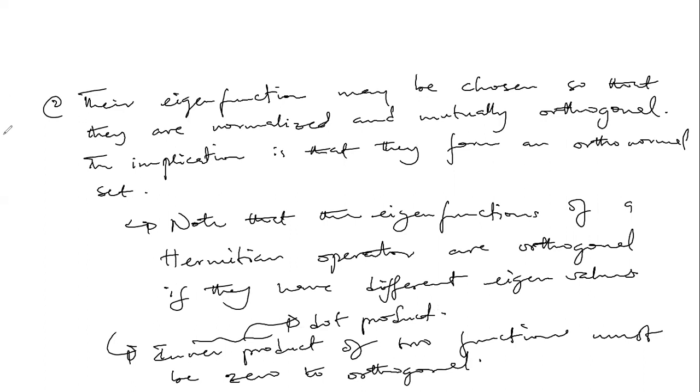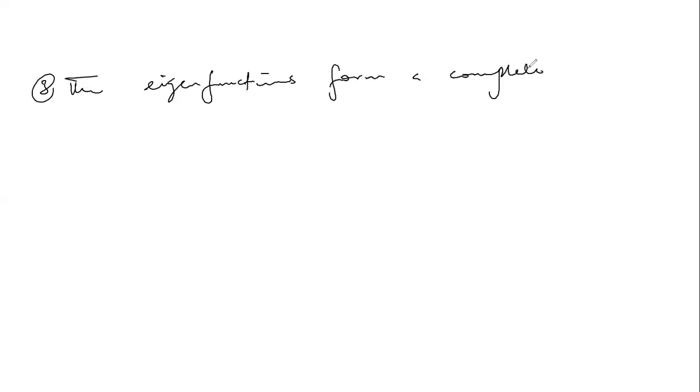And another property for the operator to be Hermitian is that the eigenfunctions form a complete set, okay? So the implication is that any function may be written as a linear combination of the eigenfunctions for it to be a complete set.